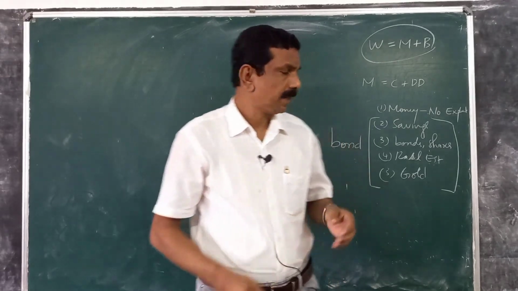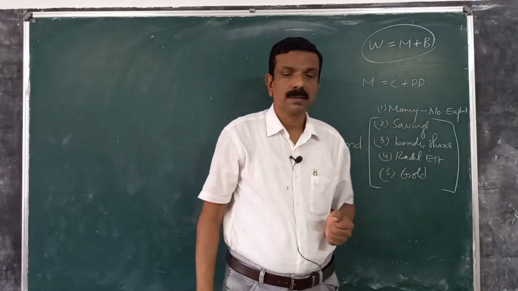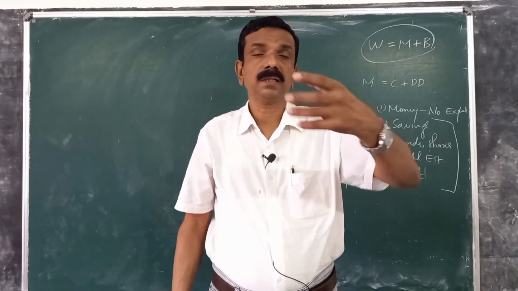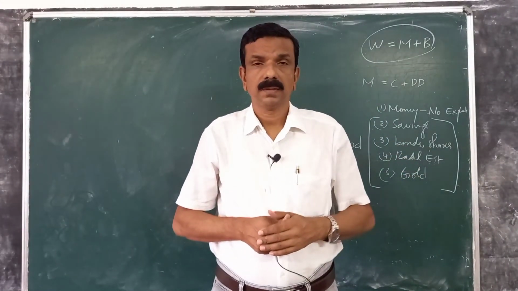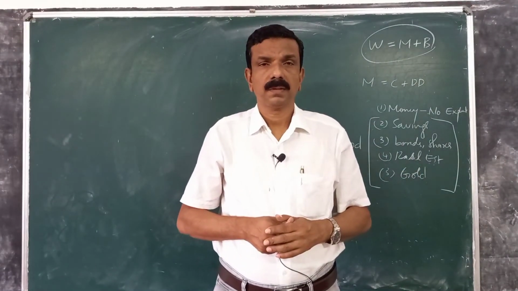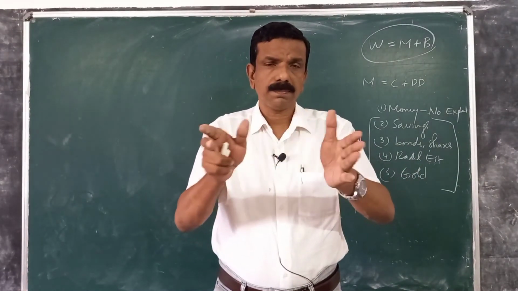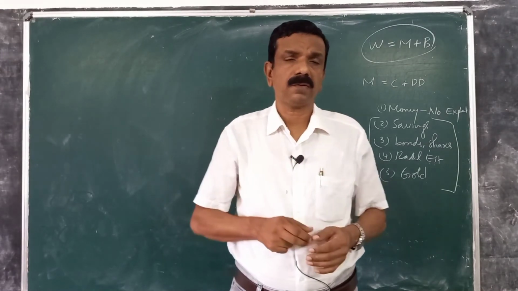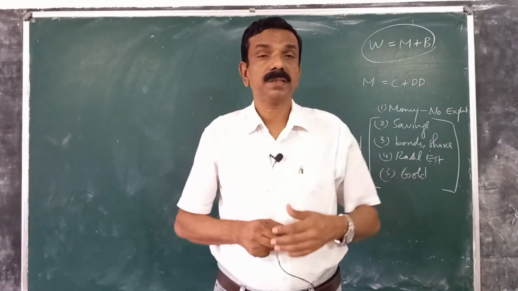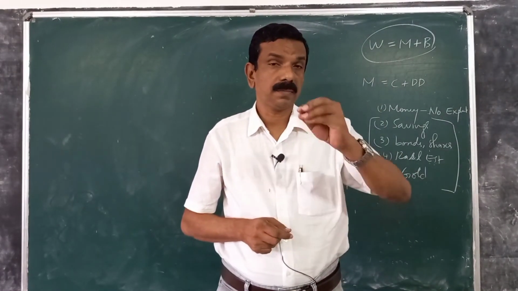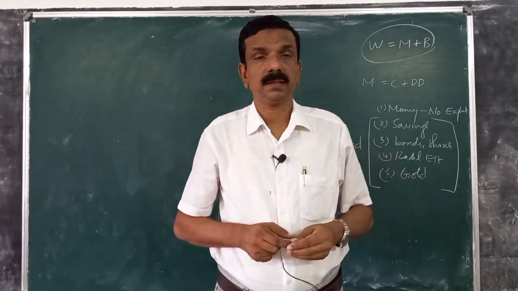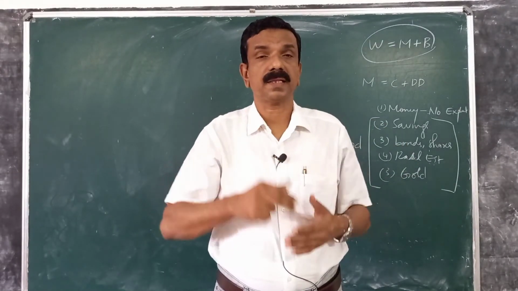So, when a person holds money, it provides the convenience in transaction. Money is used as a medium of exchange. If you keep a part of your wealth in the form of money, which will not give you any explicit return, then it means that you are getting the implicit return of convenience in transactions.